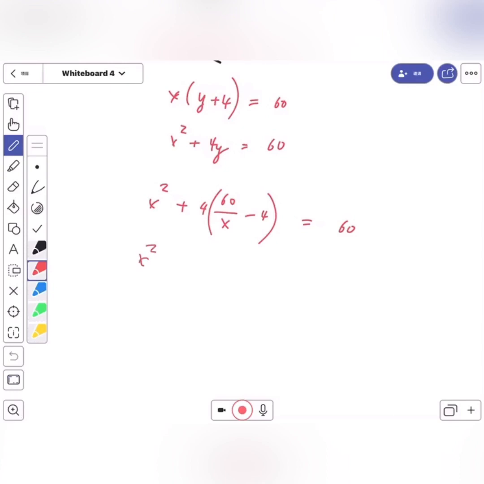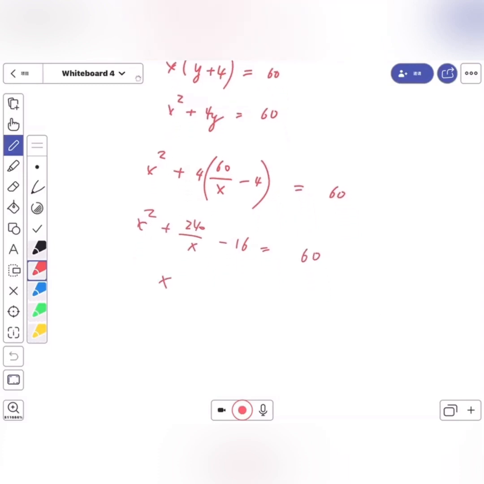So x squared plus 240 over x minus 16 is equal to 60. So x squared plus 240 over x is equal to 76.